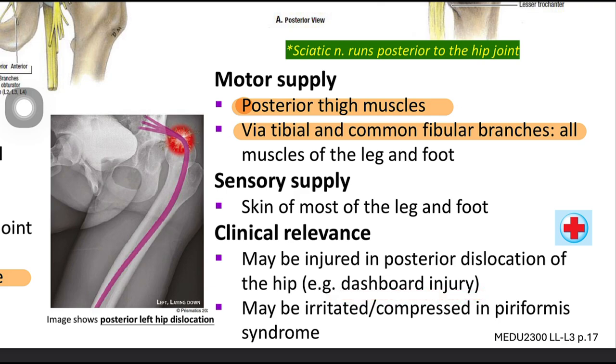Remember car incidents, right? Where you sit, in your sitting position, you flex the hip as well as the knee. When we flex the hip, think about the arrangement of those capsule ligaments, whether they give better or less protection.